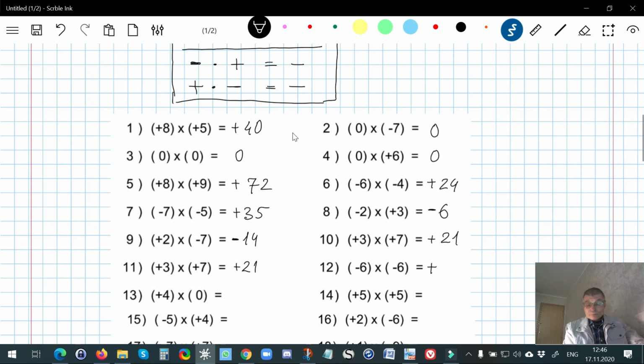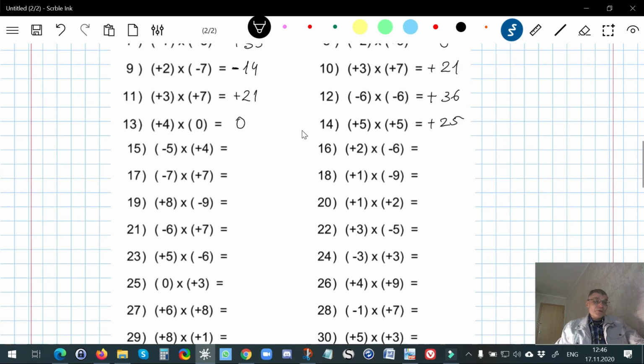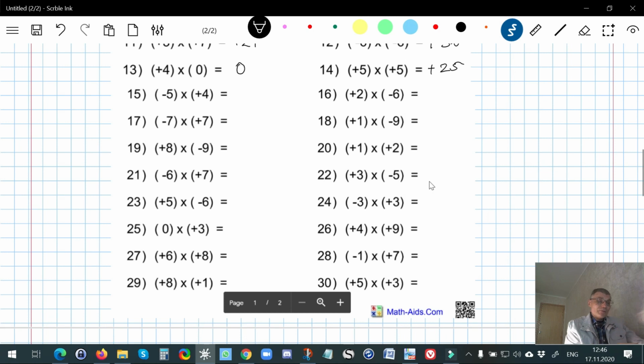Here both signs are positive, that's a piece of cake, positive 21. Here, strangely, it's the same, but again, both signs are positive, so it gives me positive 21. Here both signs are negative, but I know that negative times negative gives me a positive sign, gives me a plus. So this is 36, positive 36. 0, it's my favorite number. It gives me 0, just 0. Two positive 5s being multiplied give us positive 25. In number 15 we have negative and positive. When we multiply them, we have a negative sign. It's negative 20.